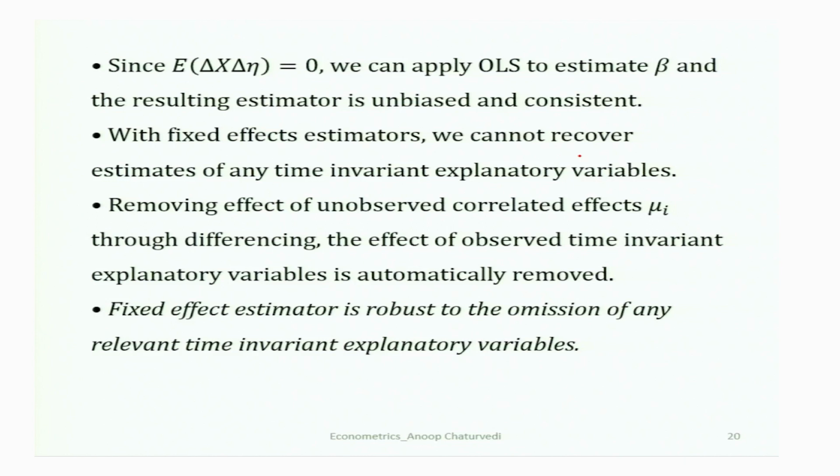As I mentioned earlier, if you have any particular variable, say x_it3, which does not depend upon t, meaning x_i1 is equal to x_i2 for variable 3, so this particular variable is time invariant, then we cannot recover the estimates of this particular variable.